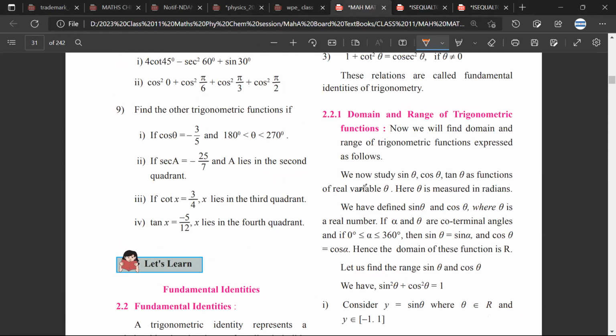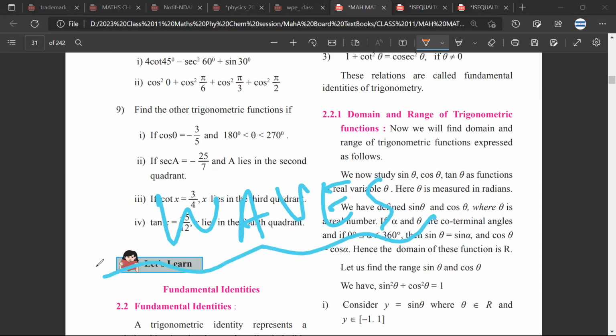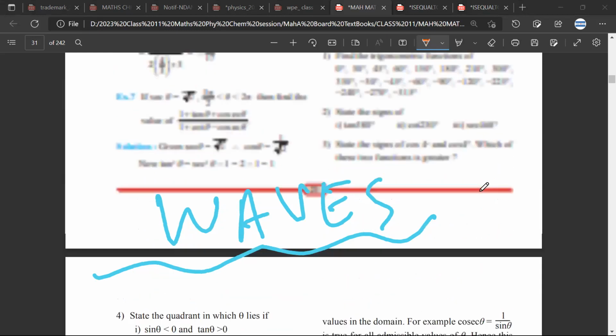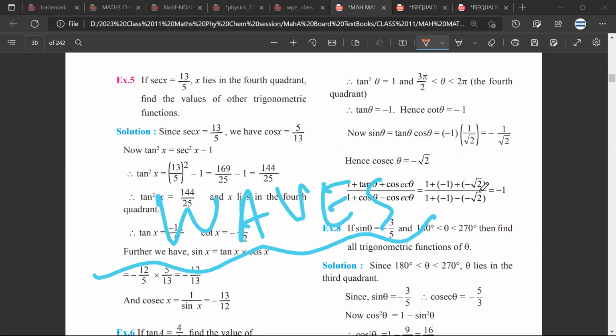Sine and cos graphs would be useful for us because waves is one of the very important topics in physics. Basically, it is the heart of modern physics.